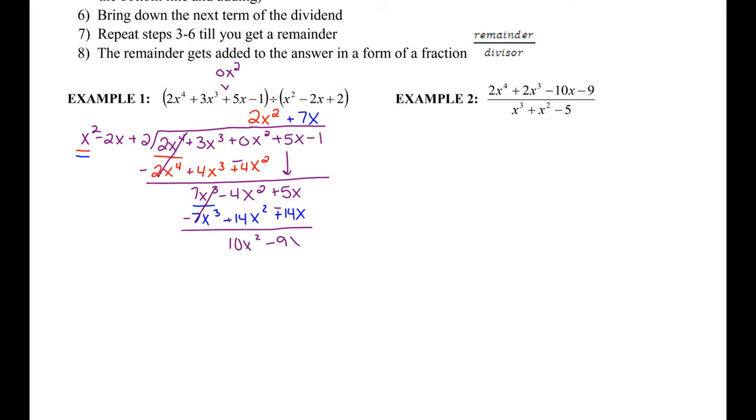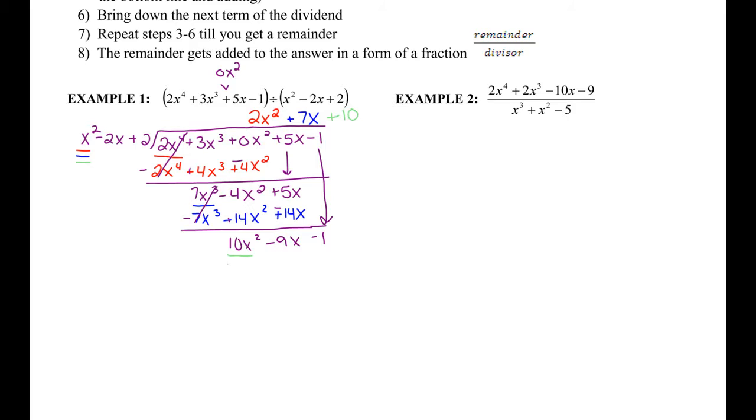Then I'm going to bring down the next term, which was a negative 1. And we're going to start our process over again here. This time I'm thinking x squared times what number will get me 10x squared, and that would be just 10. So I'm going to take 10 and multiply by the 3 terms out front.